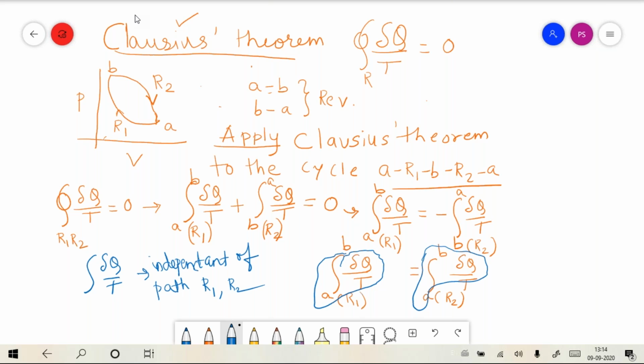In other words, this is a point function, or a state function.